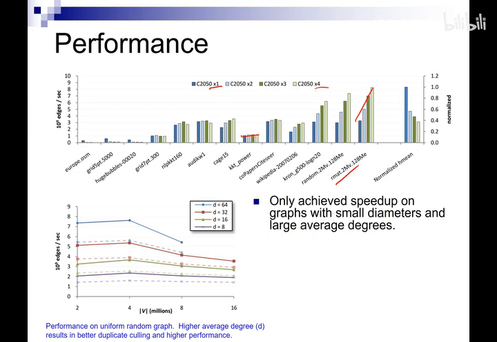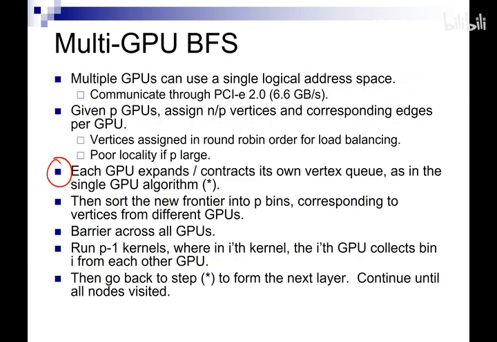The reason is that you have to do all the synchronization between the GPUs. Each of these layers is being processed in a kernel, and every time you do a layer, you have to distribute the nodes in the next layer among your GPUs.